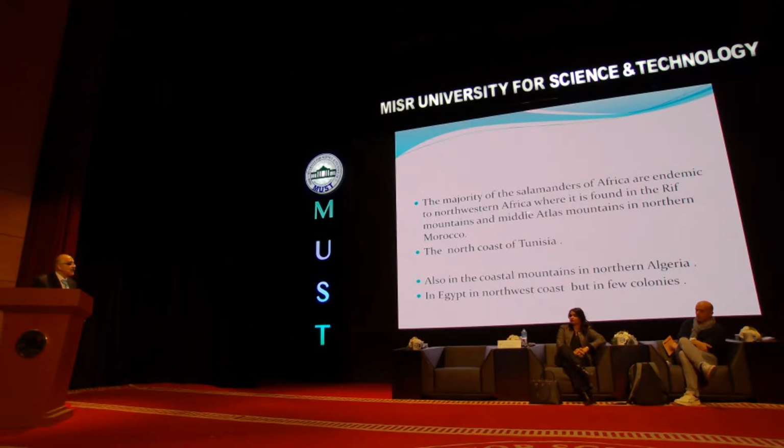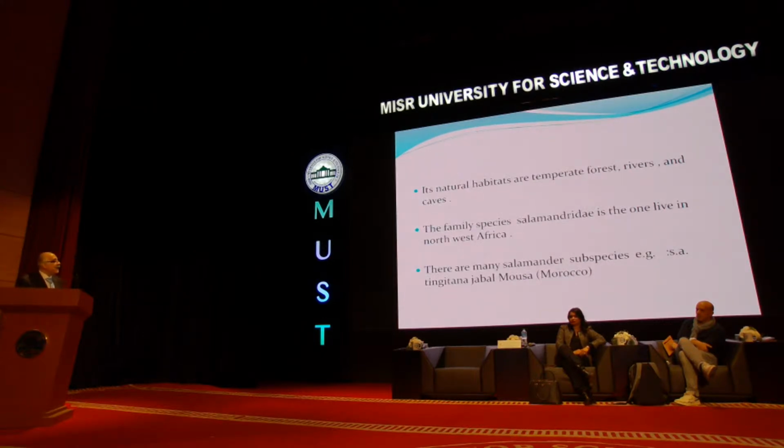The majority of salamanders of Africa are endemic in northwestern Africa, in Morocco, in Tunisia, in Algeria, the north coast of Tunisia, also in the coastal mountain in North Algeria. In Egypt, it was some little in the northwest coast in few colonies. Its natural habitat are temperate forest, river, caves. The species Salamandra algira is the one living in northwest Africa.